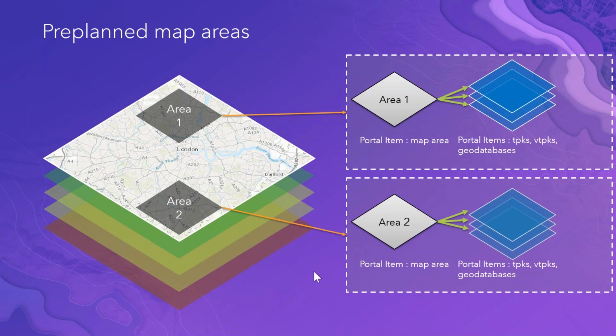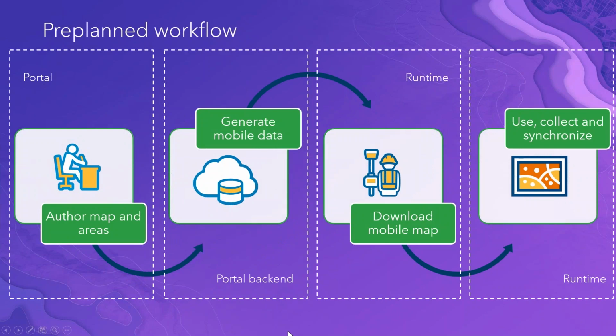So if we look at the workflow for pre-planned map areas, first you need to author that map, you need to author the web areas. It needs to also be enabled for offline use, similar to it was for the on-demand workflow. And then when you author those map areas, it goes ahead and creates the mobile data, that offline map cache.